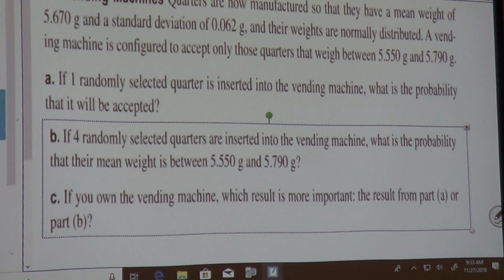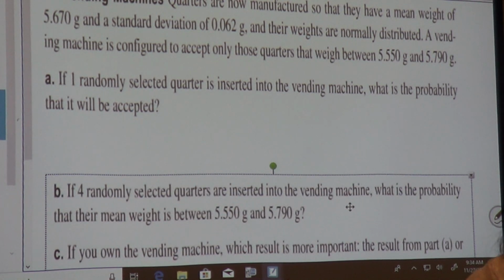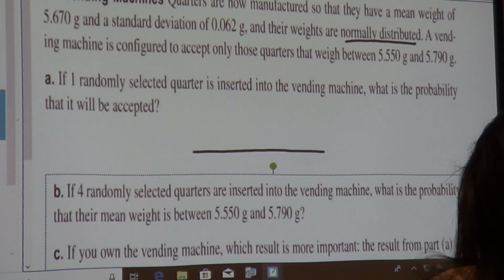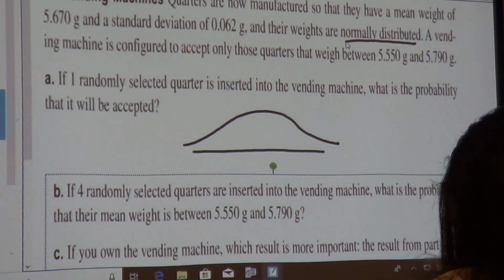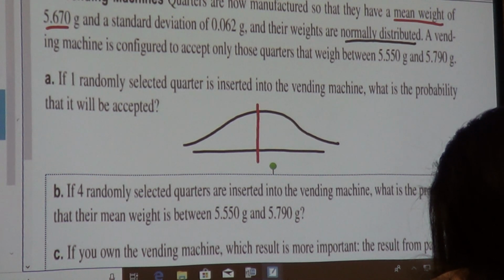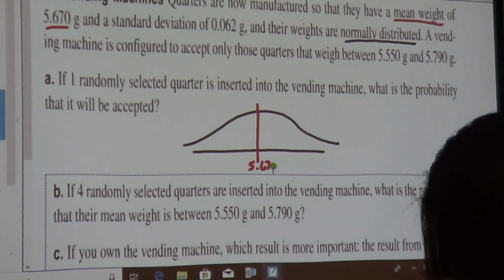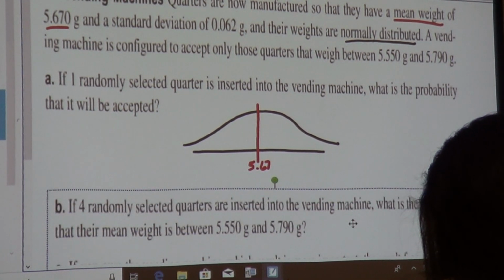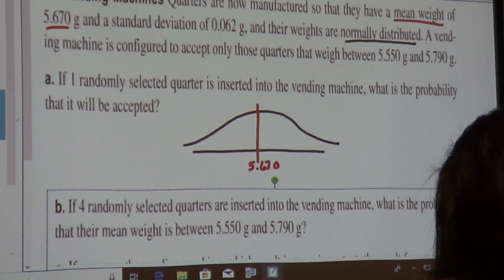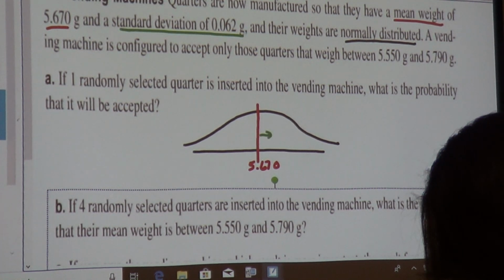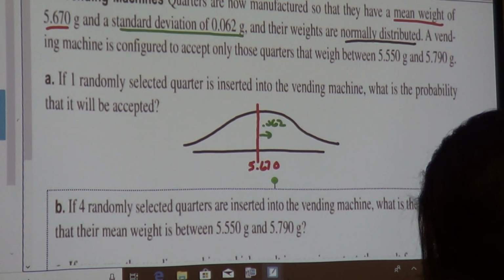First thing I'm going to do is draw a little picture. We have a normal distribution with a mean of 5.67 and a standard deviation of 0.062.